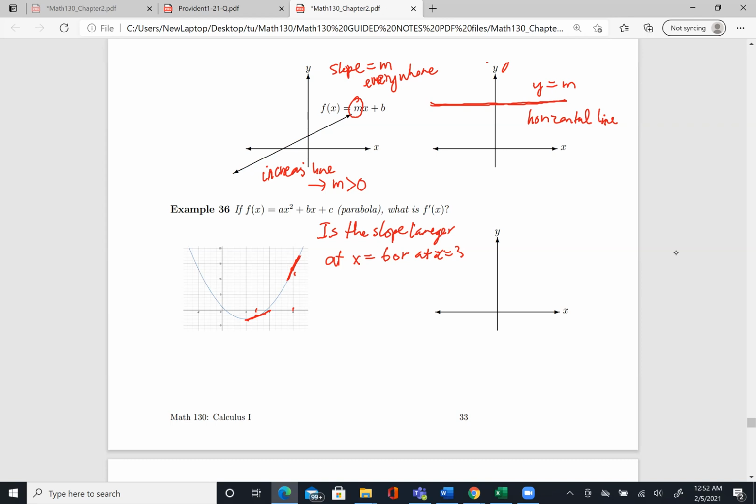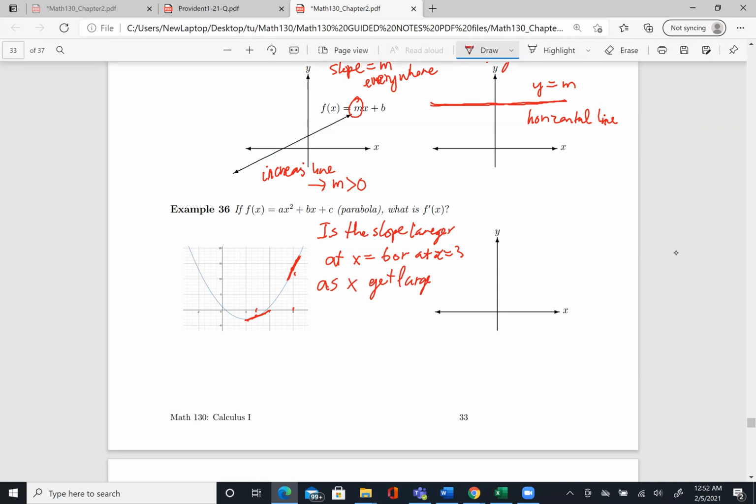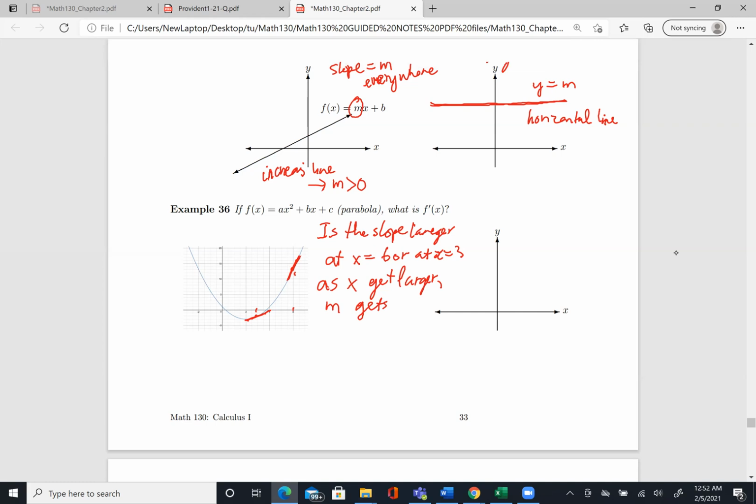So I'm going to say as x gets larger, the slope will get larger, or steeper.